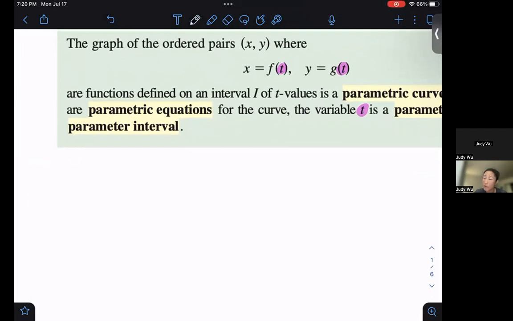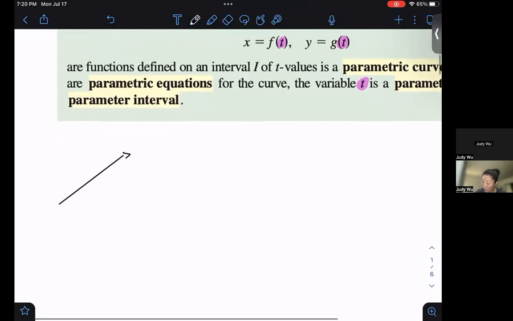We're going to be focused on 2D, but when you get to Calc 3, you can expand this to a 3-dimensional situation. So let's say something is moving in space. It has a direction. And one of the things that parametric equations can tell us is the direction with which something is moving. That's pretty cool. We can learn about direction.